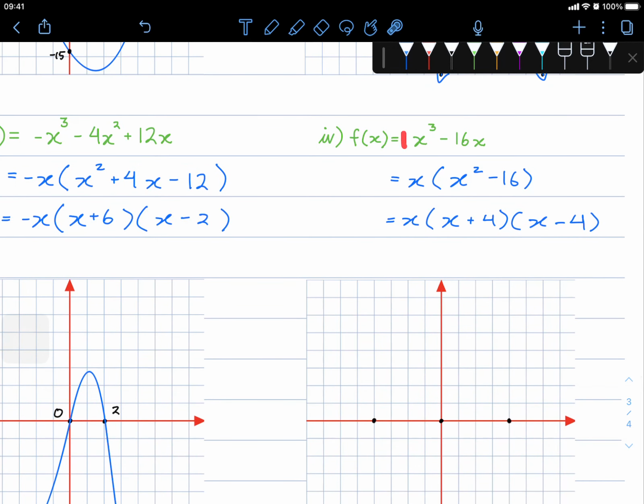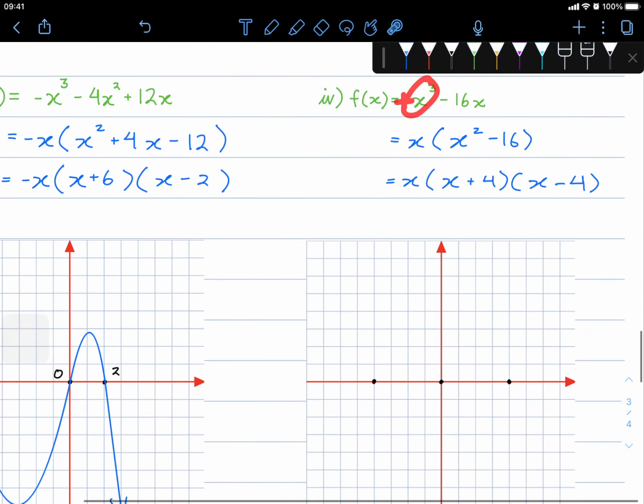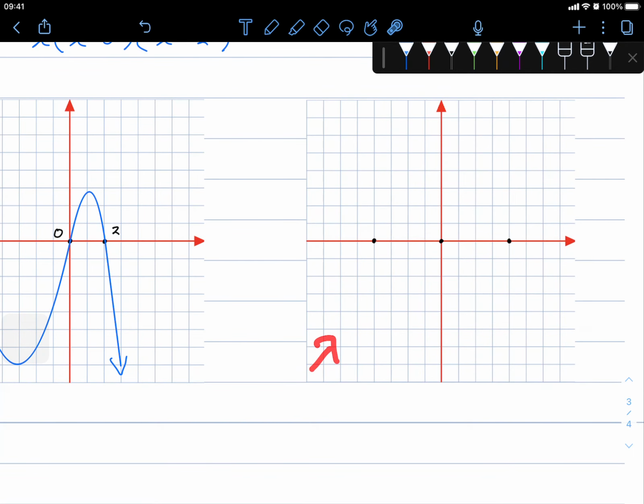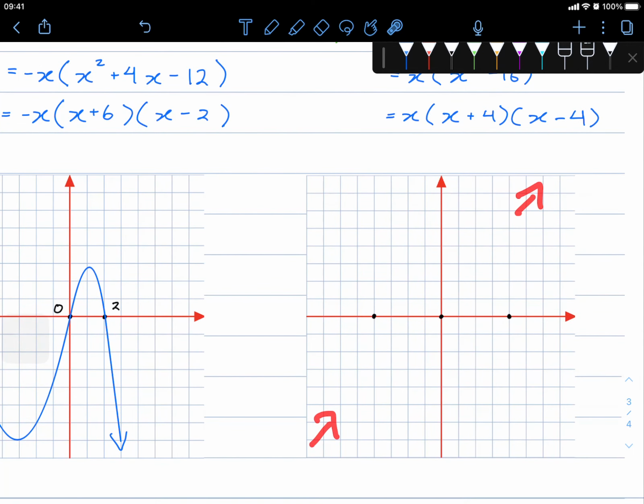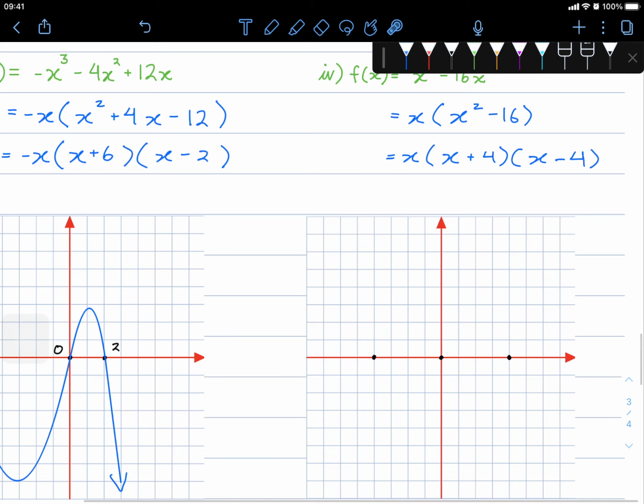Since this is a positive cubic, it starts in the bottom left and it should end here somewhere. And because we have two x-intercepts, it has to turn like this somehow in between. There must be a turning point in between the two somewhere.